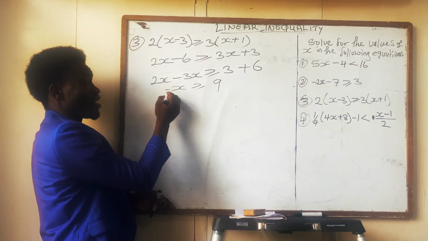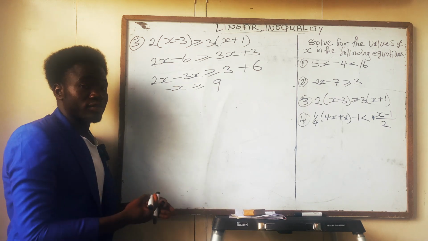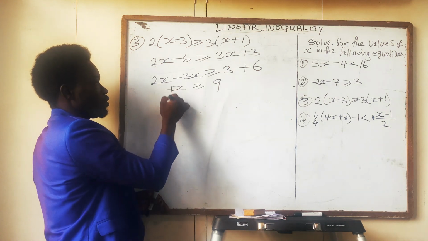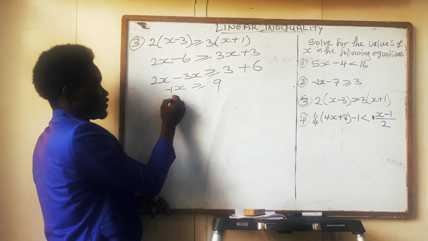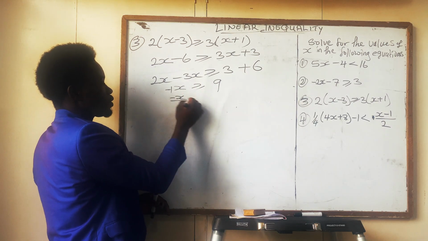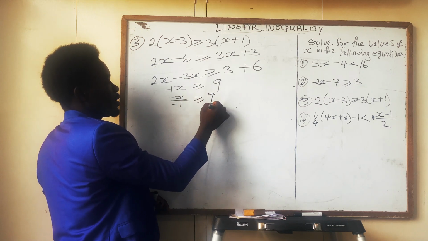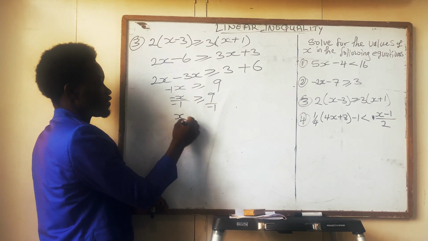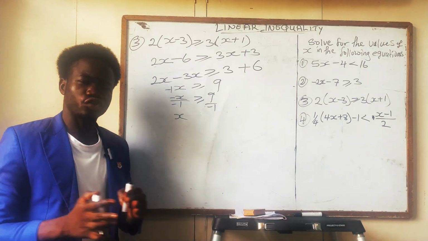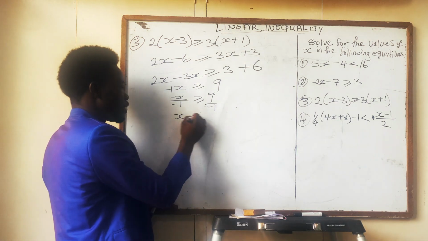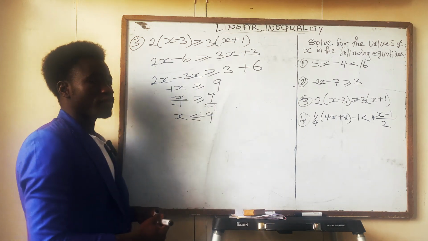So I'm looking for x, not negative x, because of the negative here. Remember, in math, once is 1, we don't write the 1 here. Okay, we just leave it as negative x. We divide by negative 1. That's equal to divide by negative 1. And your x, once we are dividing by a negative, you know that the sign is going to change to less than or equal to 9, negative 9, because of this negative, you have negative 9.